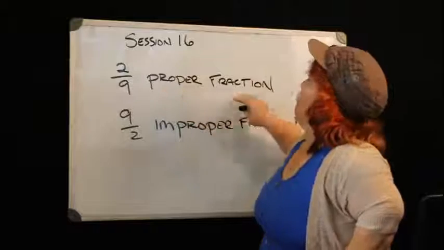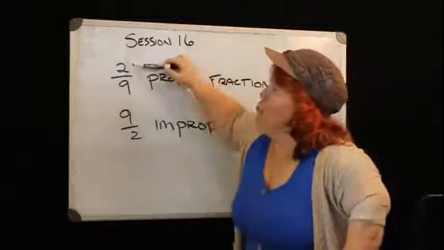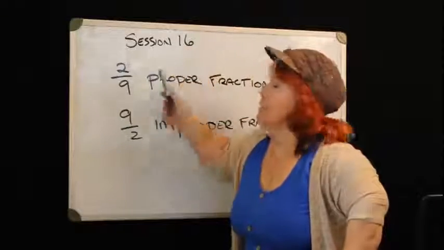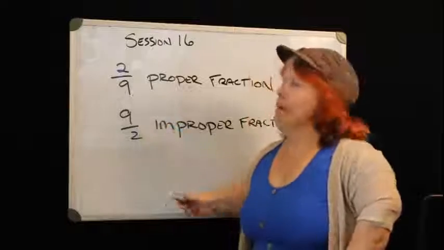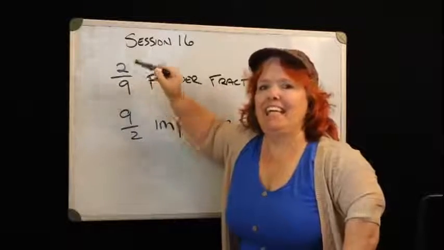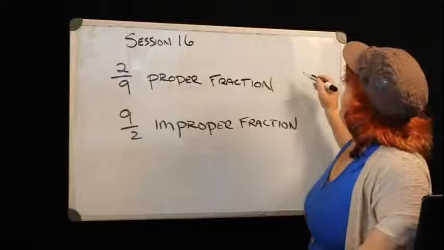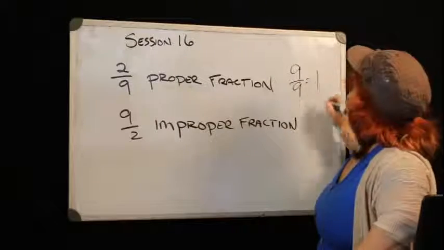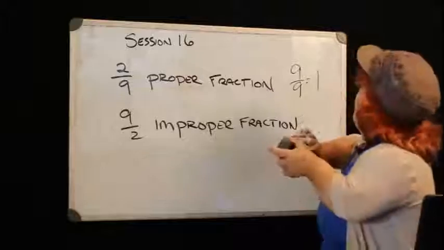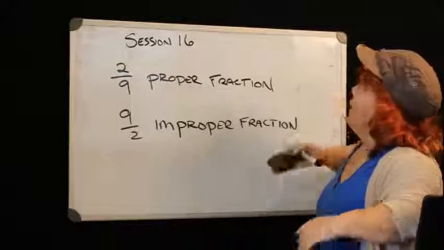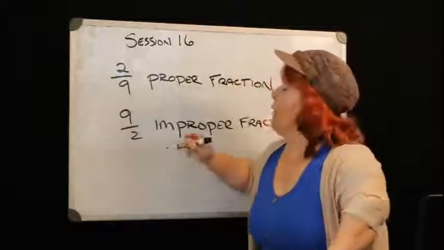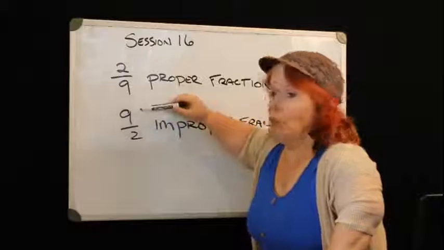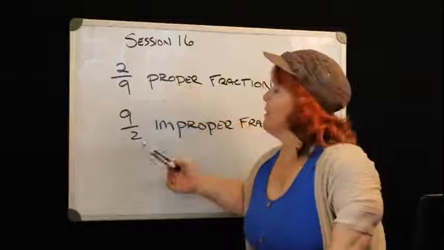All right, the proper fraction is where the numerator is less than the denominator. That means this is less than 1. If it was 9 over 9, that would mean it is 1. Okay? An improper fraction is where the numerator is greater than the denominator.